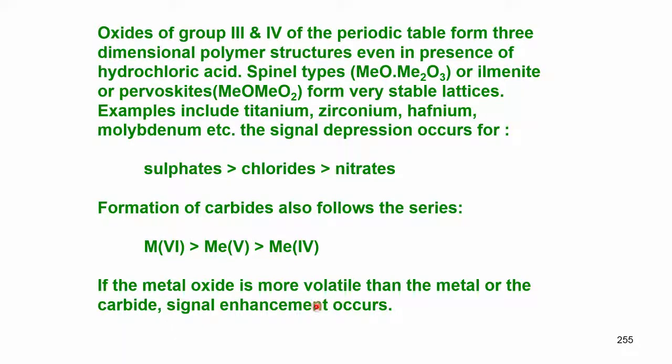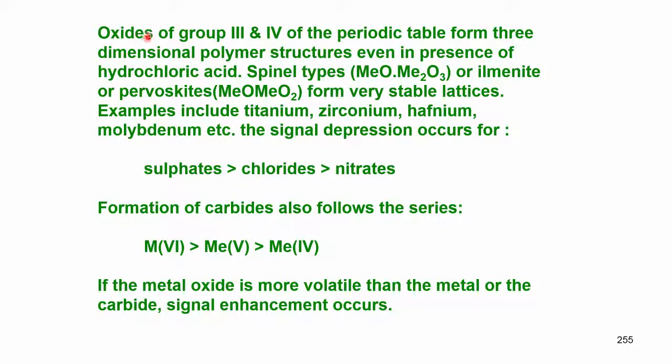Suppose there is a competition: there is oxide, there is also the carbon. In the flame there is oxygen, there is carbon. So, if the metal oxide is more volatile, thermodynamically the formation of metal oxide will be favored because it requires less free energy.